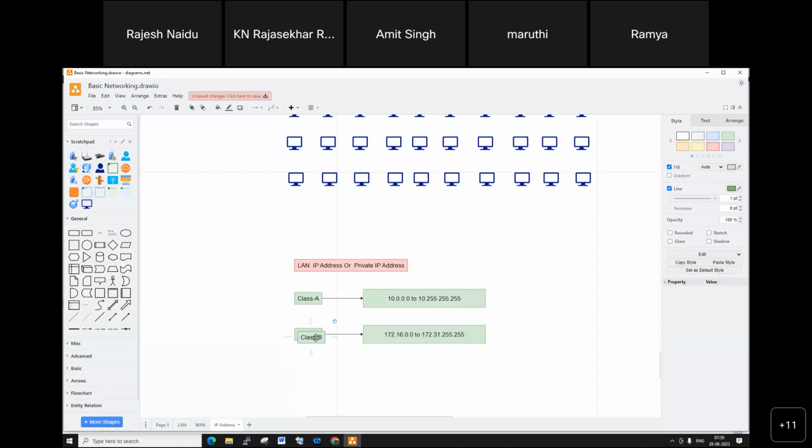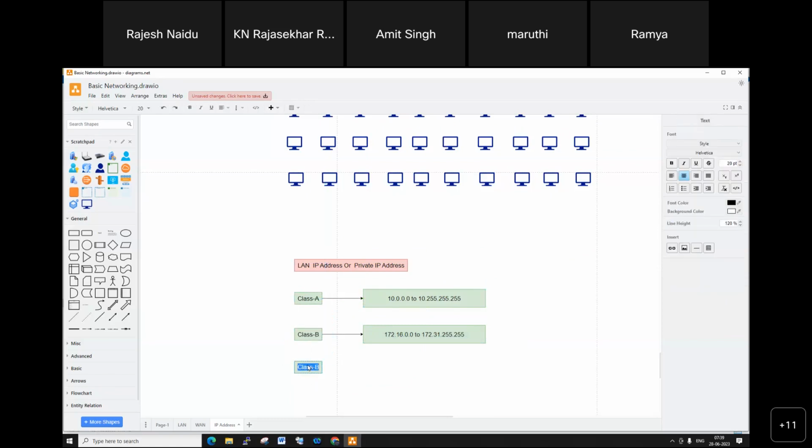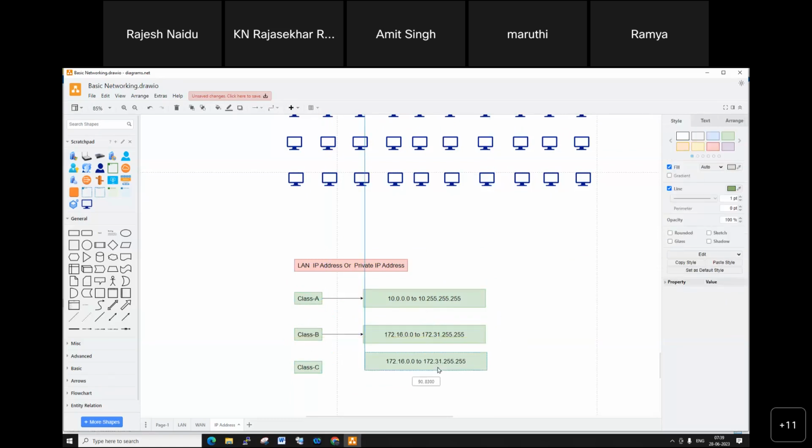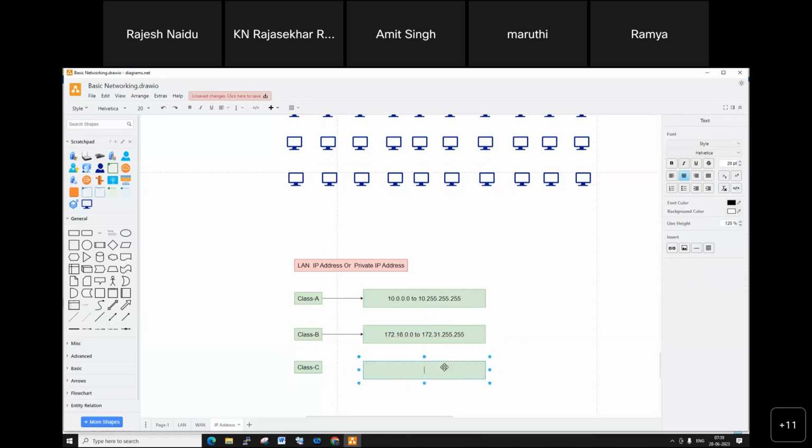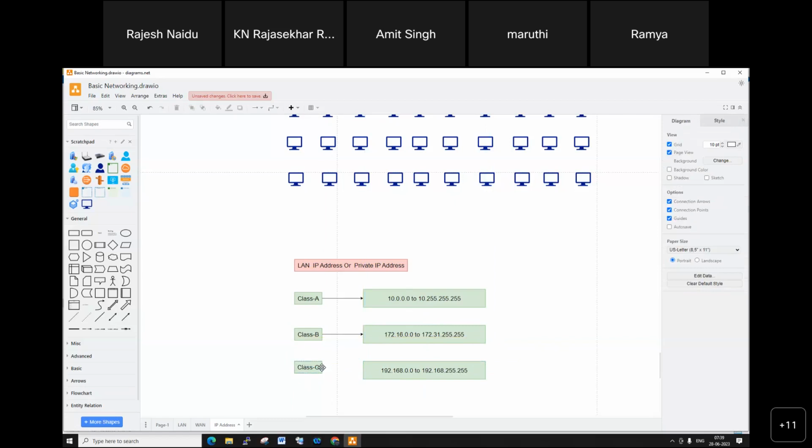Class C is 192.168.0.0 to 192.168.255.255. These are the LAN IP addresses. The remaining IP addresses are all WAN IP addresses only.